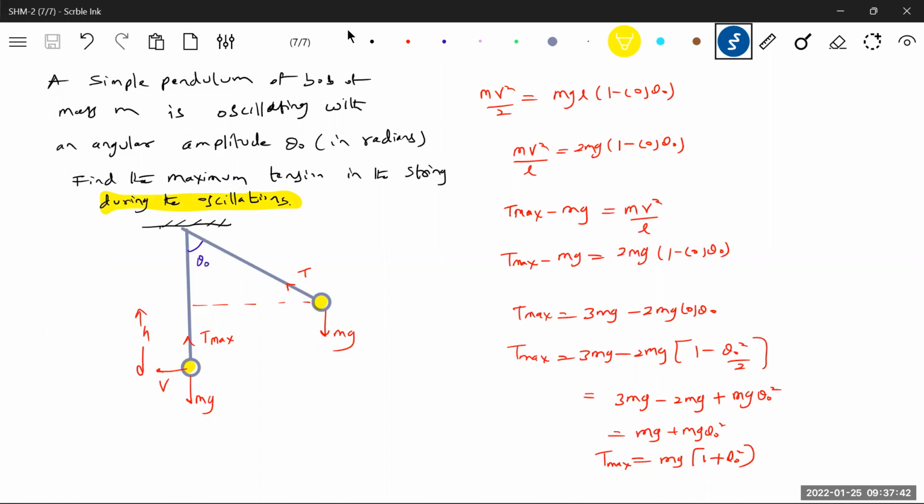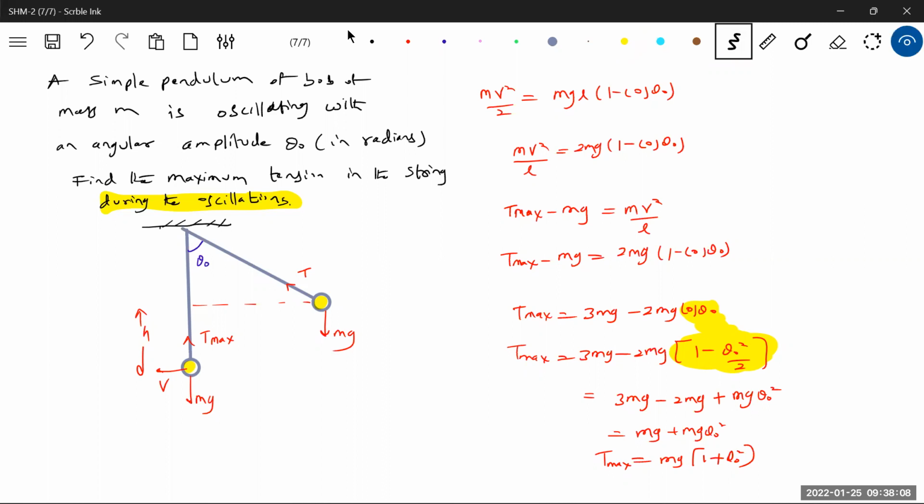Now you can ask questions like, how do I come to know that I should do such approximations? Because what is a basic pendulum itself? When we say pendulum, the angular displacement we give will be of a few radians.